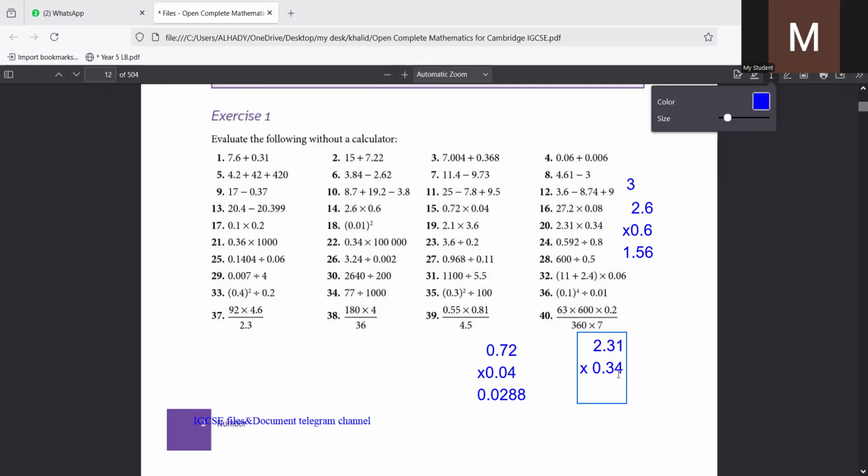We take the first digit and multiply by all of the number, then we take the second digit and multiply by all the number, and then we add the 2 results together. So we start with the 4. 4 times 1 equals 4. And then 4 times 3 is equal to 12, write 2, and you carry over the 1.